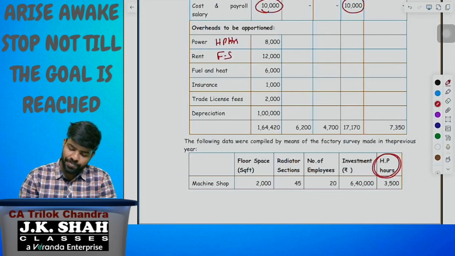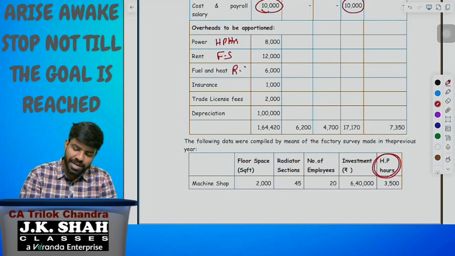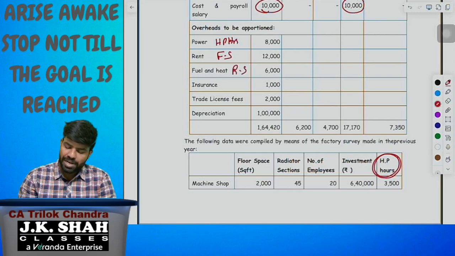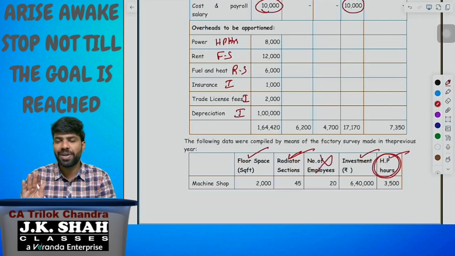Fuel and heat will be apportioned based on radiator section. Insurance will be apportioned based on investment. Trade license fee will be apportioned based on investment. Depreciation based on investment. Though we have taken floor space, radiator section, investment, horsepower hours, we haven't considered the number of employees. I'll tell you when to consider that.